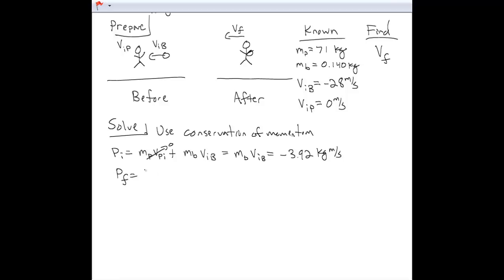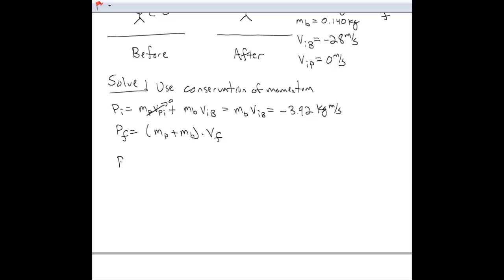The final momentum is the total mass of both the player and the ball times the final velocity. This is what we call an inelastic collision: the two objects have stuck together after the collision. So conservation of momentum says that the initial momentum is equal to the final momentum. Rewriting this in a way that makes it nice to solve for the final velocity, we have that the mass of the player plus the mass of the ball, times the final velocity, is equal to the initial momentum, which is negative 3.92 kilogram meters per second.